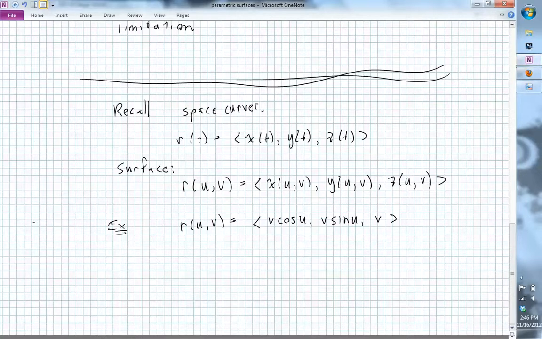So fix v and let u vary. What that does is it gives you what's called a u parameter curve. So let's fix a v, and just to be really concrete, let's fix v to be 1.